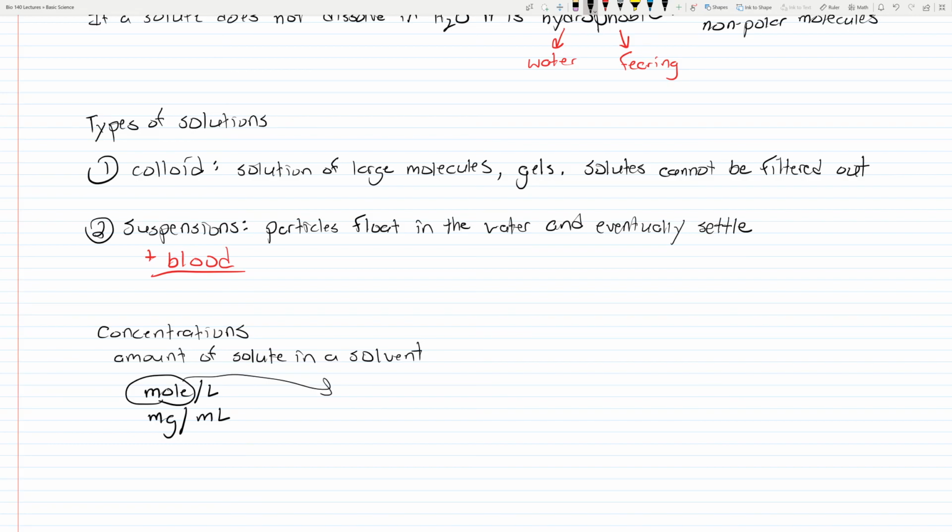Now this word mole has a very significant definition. A mole is the number of atoms, and that means number, not hashtag, so don't try to look that up. It's not going to get you anything.